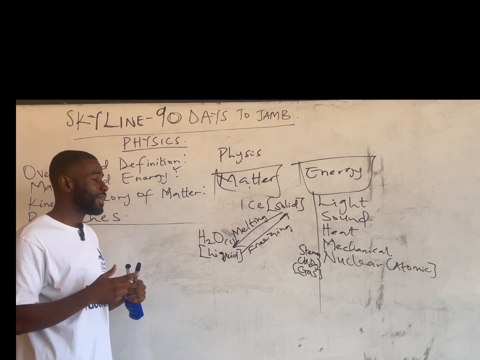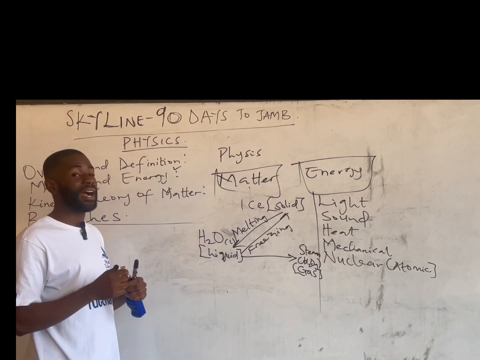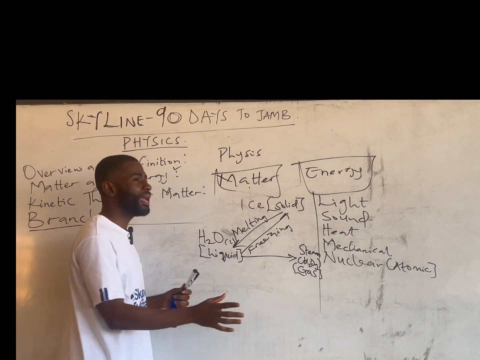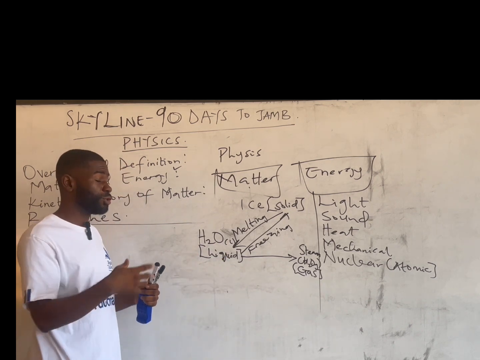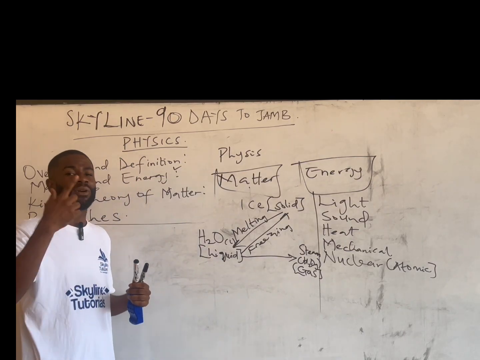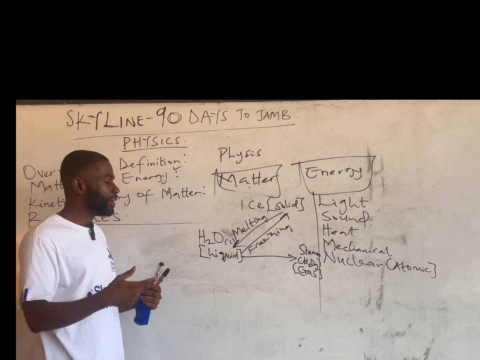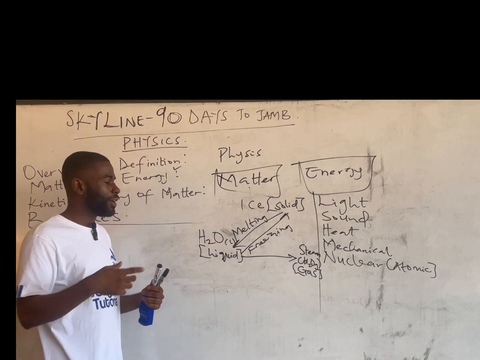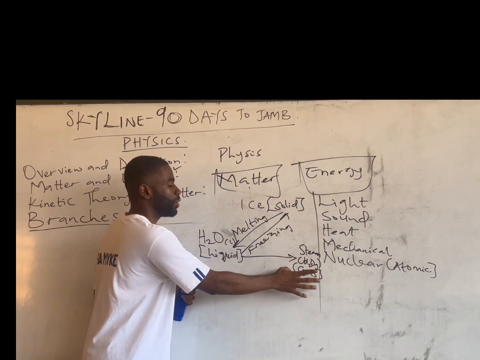Another change that matter can undergo is a change of state from liquid to gas. For example, when boiling water, either with your stove or your gas cylinder, using a kettle or a pot, you get to realize that over time, when the water gradually gets heated, you start seeing some vapor. That vapor is simply what we call steam.